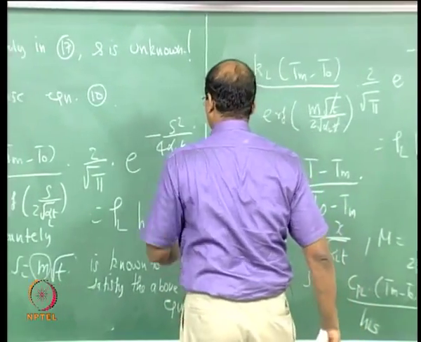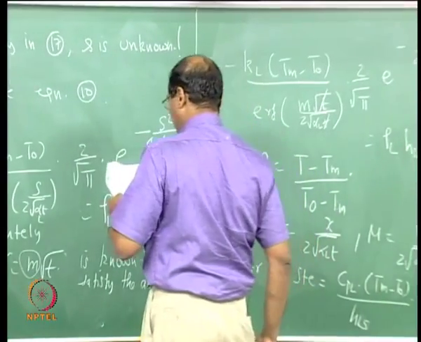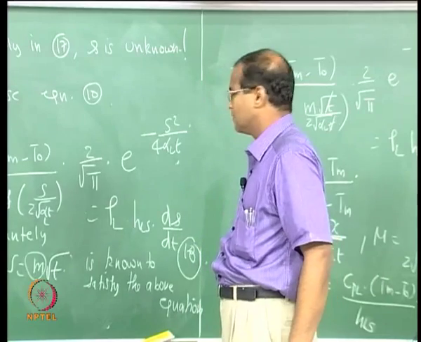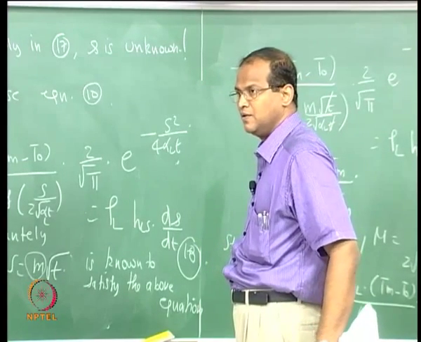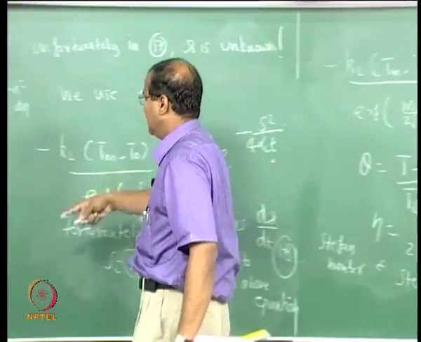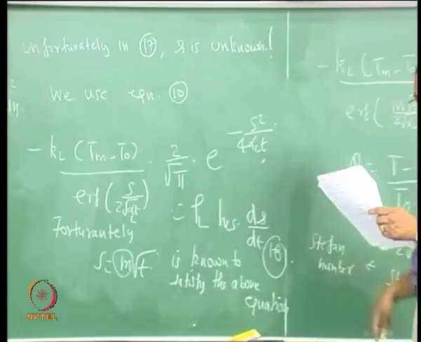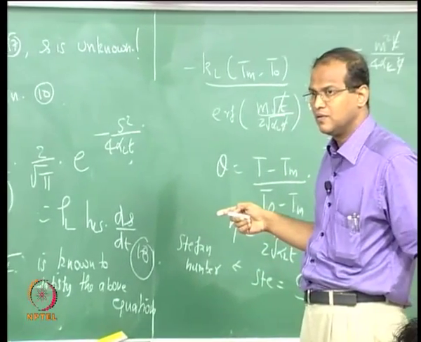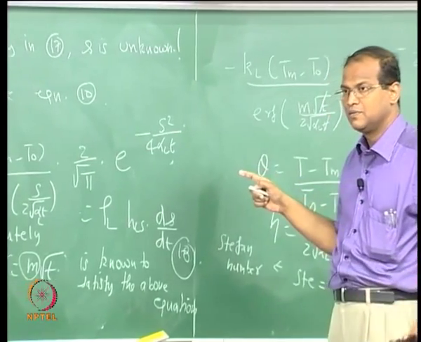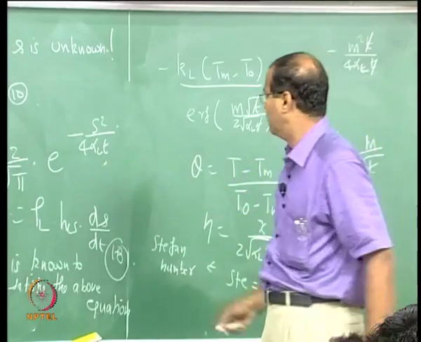So you will have km e to the power of minus s square by 4 alpha t into the differential of x by 2 root alpha t. If you differentiate with respect to x, you get 1 by root alpha t.